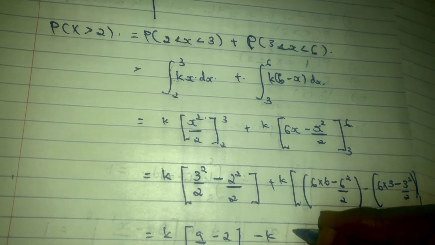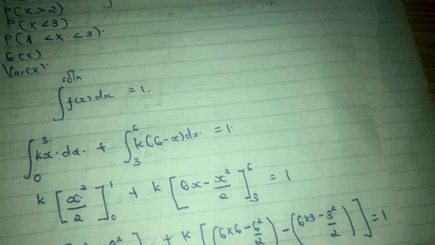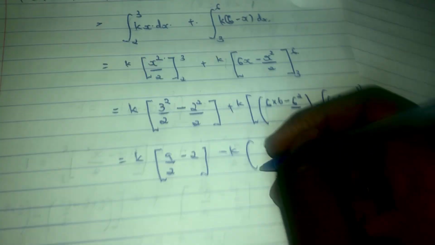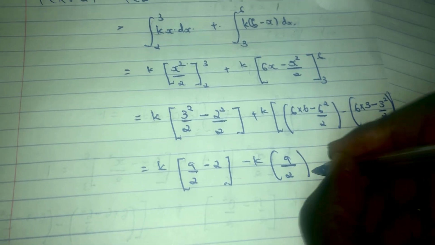Minus k. But this one you had already worked it out, so it's good, you actually reduce time, because the answer that we got within this was 9 over 2k. Together, this is 9 over 2. Are we together?